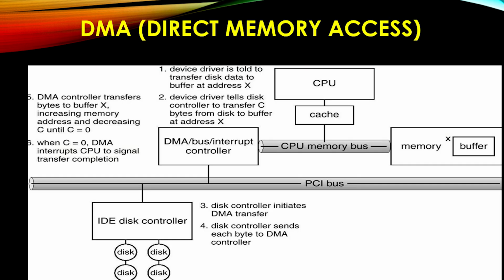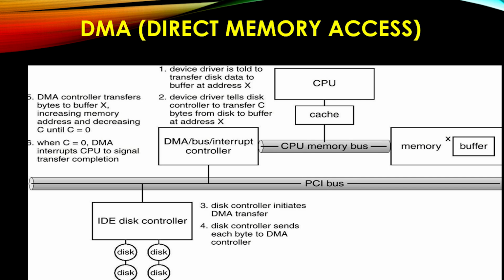The next one is the main diagram, showing the various steps involved in transferring the data. First, the device driver is told to transfer data to a buffer at address X. Second, the device driver tells the disk controller to transfer C bytes from disk to the buffer at address X. The third step is the disk controller initiates the DMA transfer.